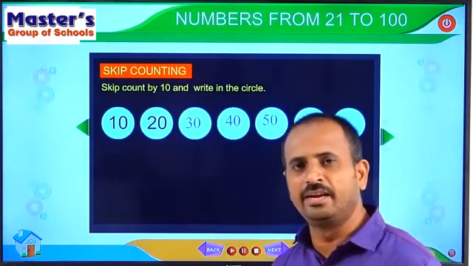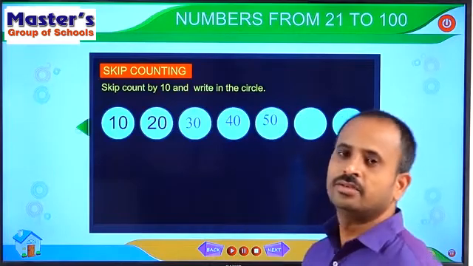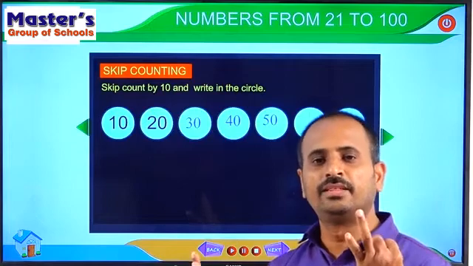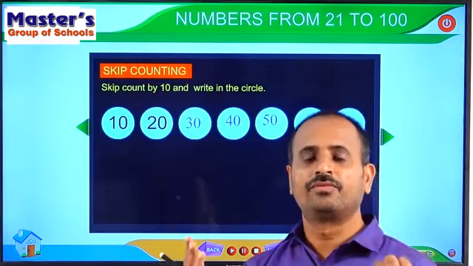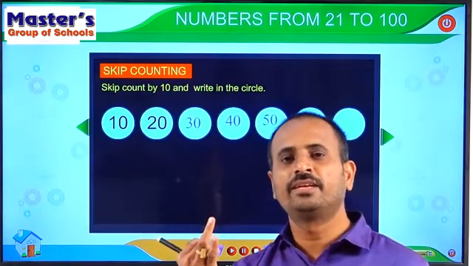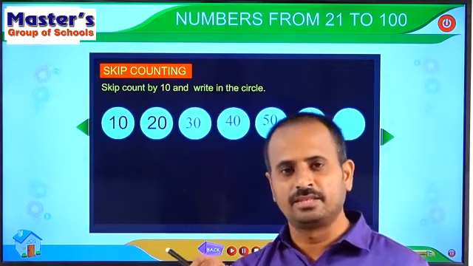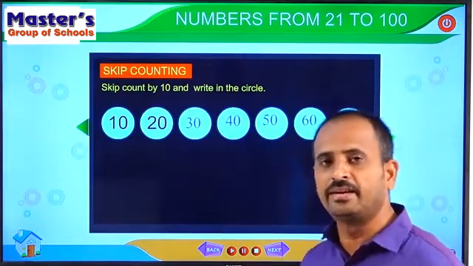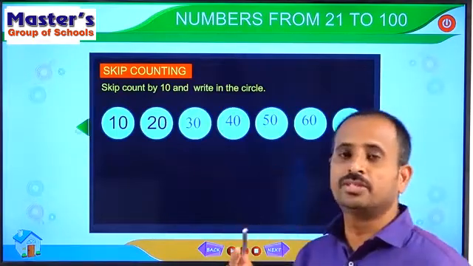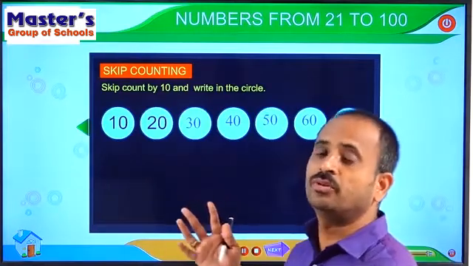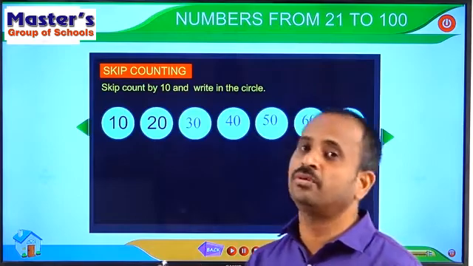Children, again add 10 to the 50. So after 50 comes 51, 52, 53, 54, 55, 56, 57, 58, 59, 60. So write 60 in this circle. And again add 10 to the 60. So children, after 60, you have learned at the beginning of the chapter how to write the numbers from 21 to 100.